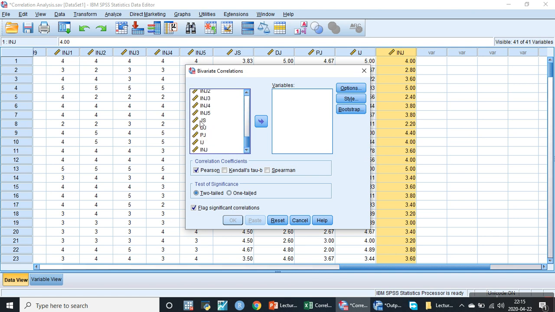I am shifting all of the variables including the dependent variable. However, there is no need to shift the dependent variable to the variable box because we are just interested in identifying the relationship between the independent variables. But just as a working, I am shifting it to the variable box. Then click on OK.